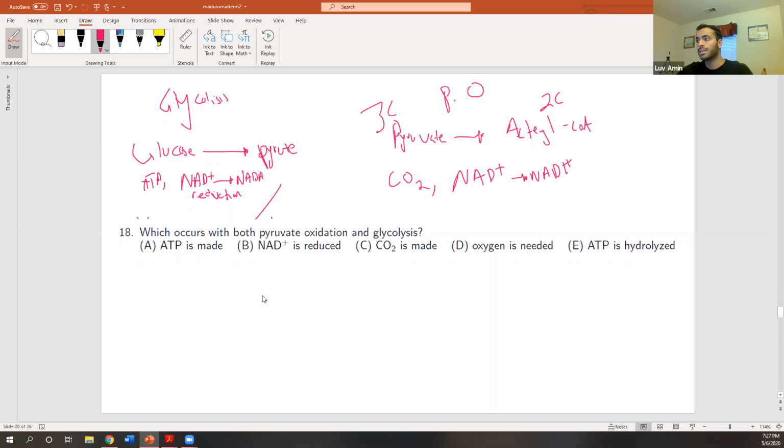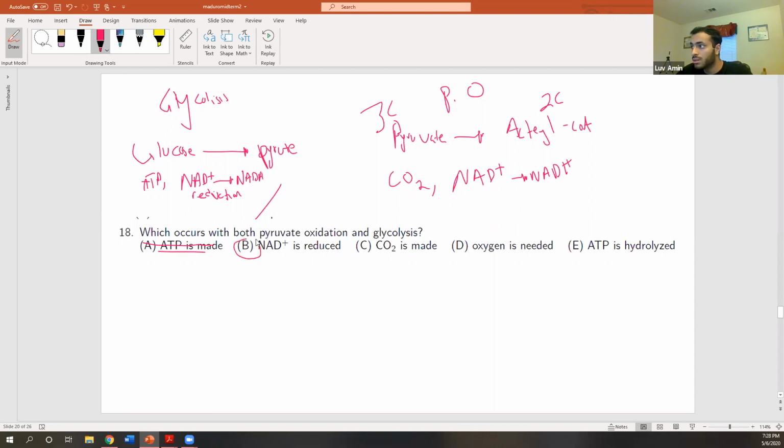So now let's look at the answer choices. We know what occurs in glycolysis. We get an ATP, but we don't get that in pyruvate oxidation, so A unfortunately will not work. B: NAD plus is reduced. That we know is a fact, since NAD plus is reduced in glycolysis and also in pyruvate oxidation.